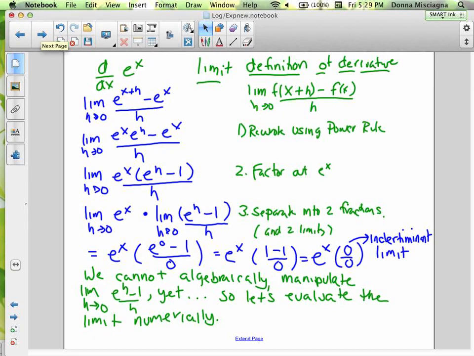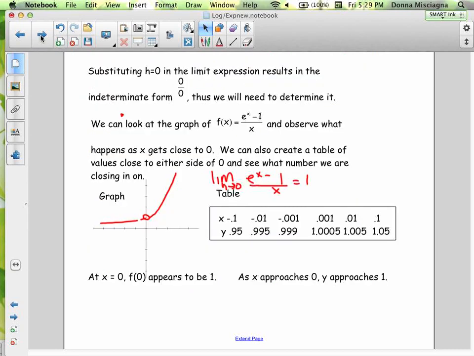All right, so let's look at the graph and a table of values. So substituting h equals 0 in the limit expression results in the indeterminate limit form 0 over 0. Thus, we need to determine it another way. I see that one of my e's should have been an a, oops on the spelling.